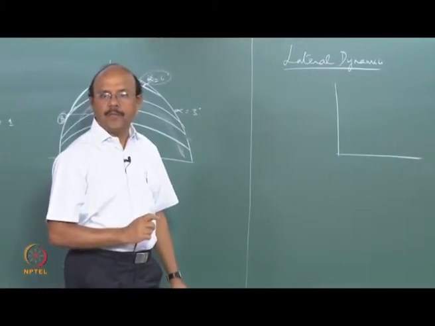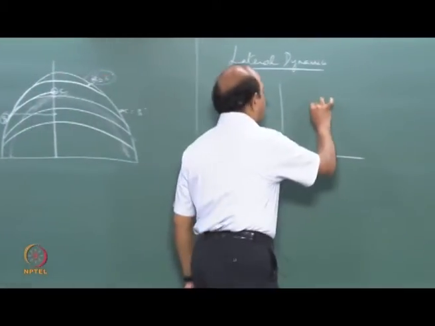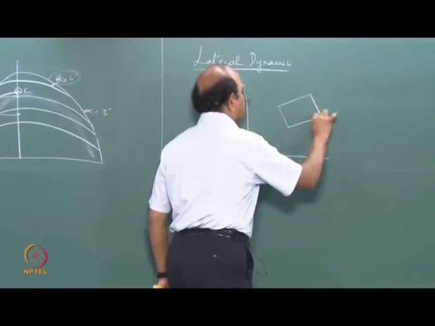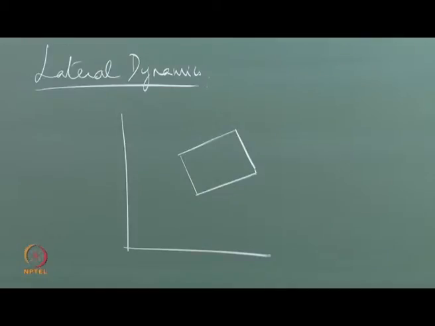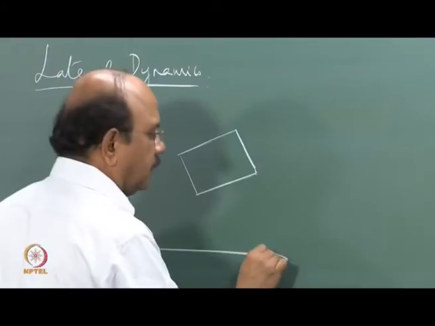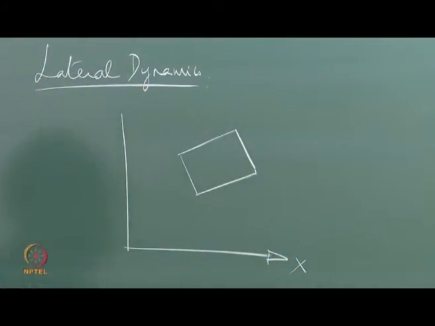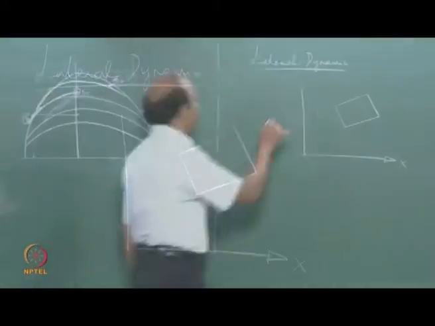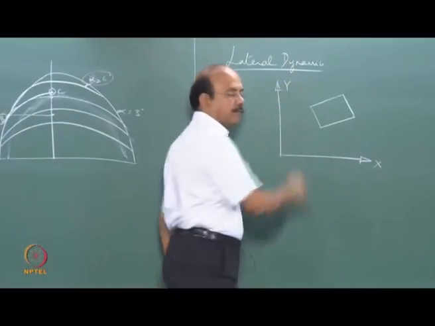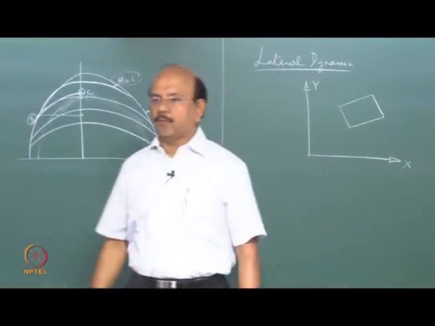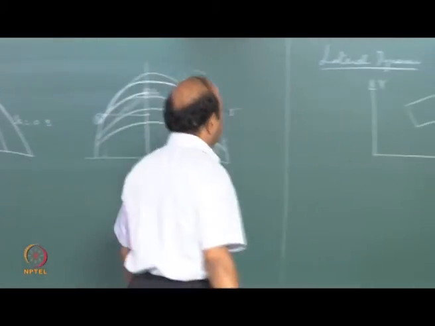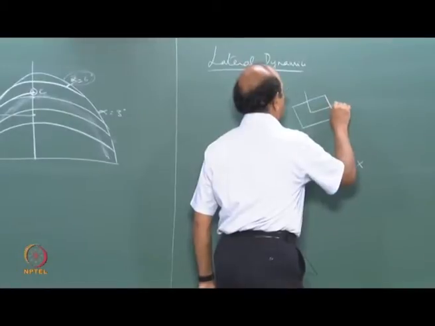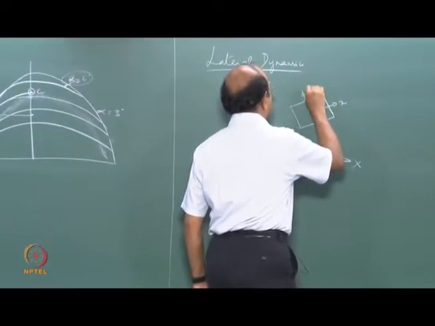Now, I'm going to deal with what is called the body-centered coordinate of the vehicle. In other words, you can study the vehicle motion with respect to what is called the inertial frame of reference, which I would put in terms of capital X and capital Y. Or you can study this motion with body-centered coordinates, which I would put as small x and y.